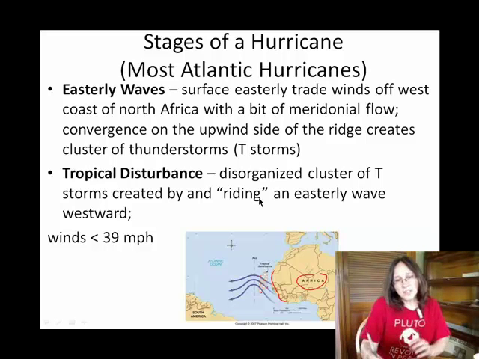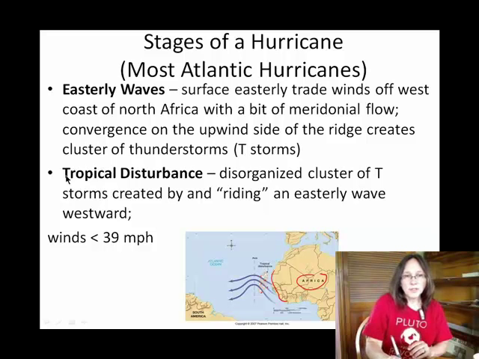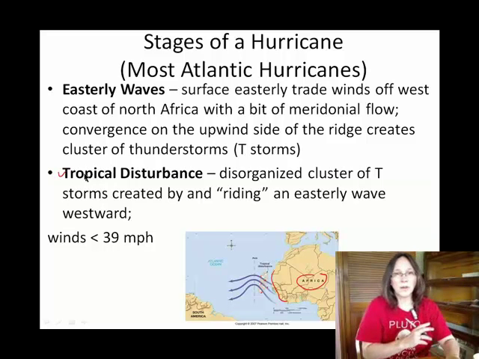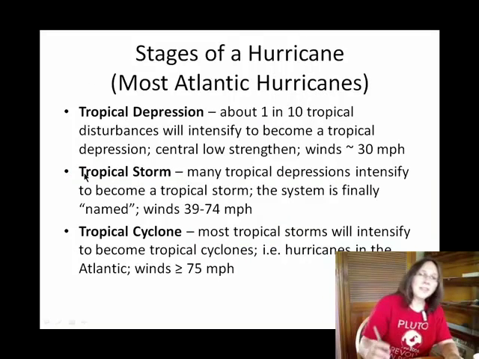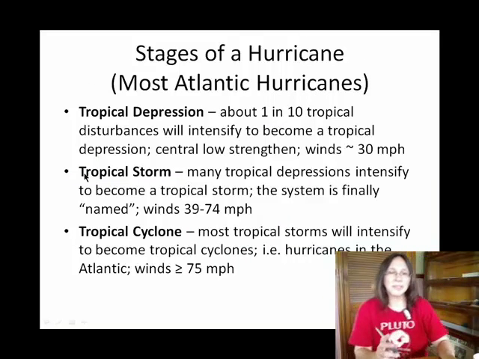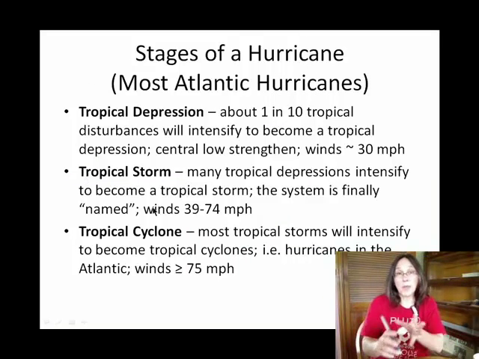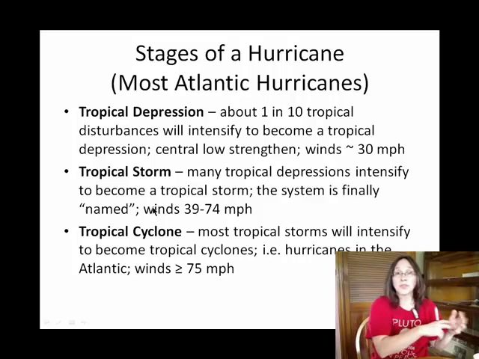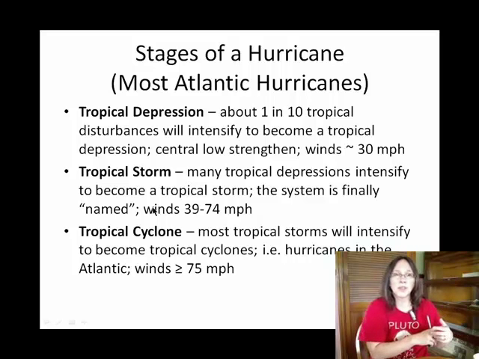So it starts out as a tropical disturbance, riding those easterly waves towards North America. And if it picks up intensity, or becomes organized from a tropical disturbance, it can become what we call a tropical depression. And again, meteorologists are watching them ride those easterly waves towards our coast for these Atlantic hurricanes.